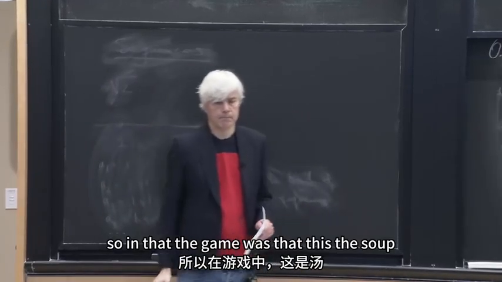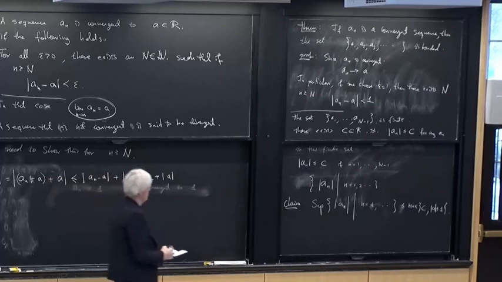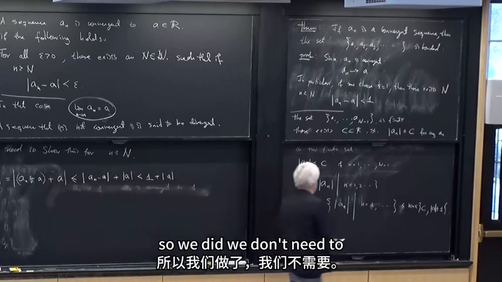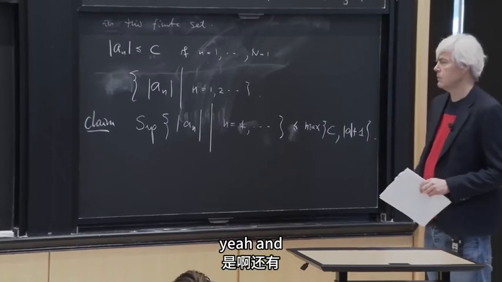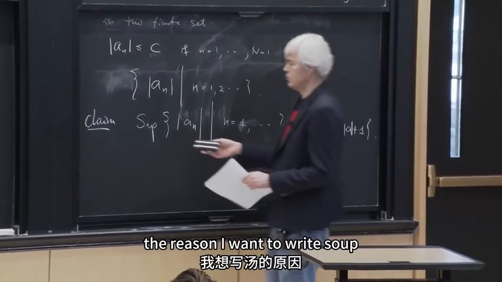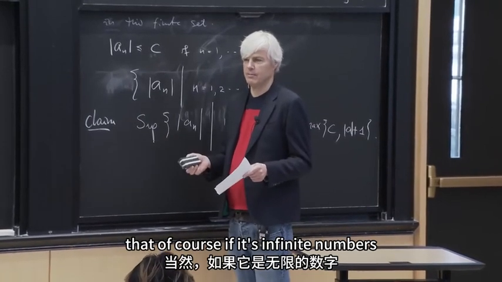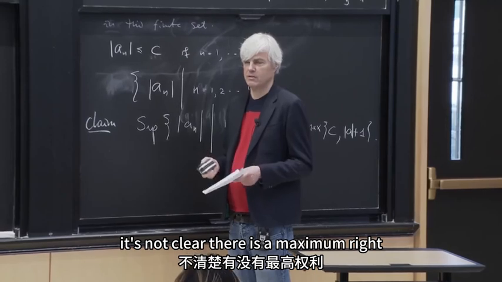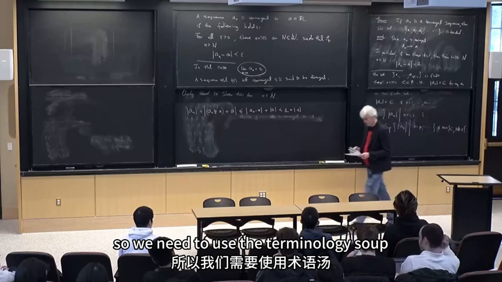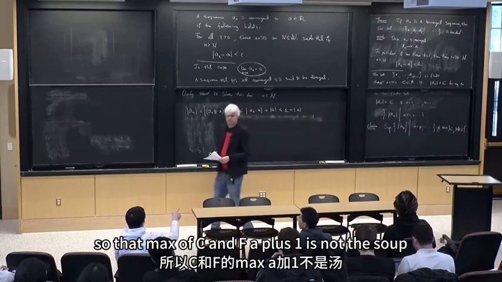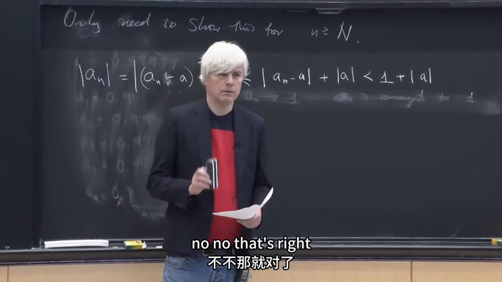Yeah. So in that, the claim was that the sup is less than. So we don't need to find. Yeah, no, you don't need to actually find the sup, right? And the reason I want to write sup and not maximum is that, of course, if it's infinitely many numbers, it's not clear there is a maximum, right? So we need to use the terminology sup. So that max of C and absolute value of A plus 1 is not the sup? No, that's right.